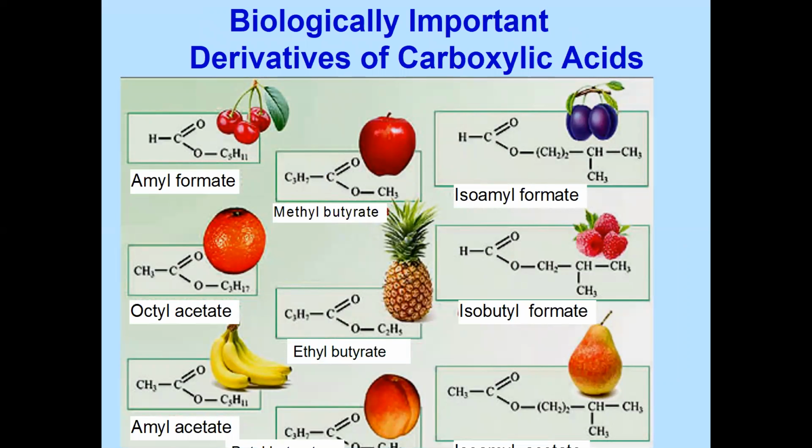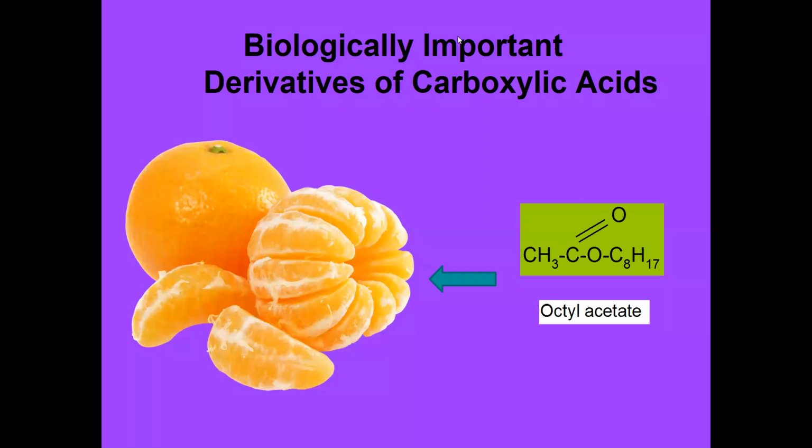Biologically important derivatives of carboxylic acids. There are many derivatives of carboxylic acids in nature. For example, citrus contain octyl acetate.